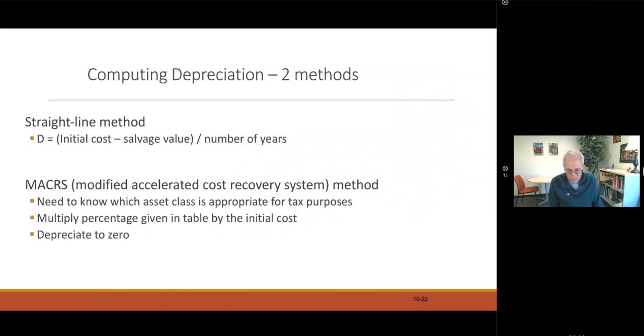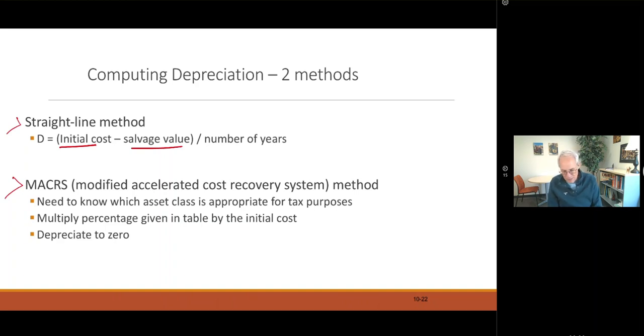Okay? So there's a number of different ways you can compute depreciation. We're going to talk about probably two of the most popular. You've probably done straight line in accounting, probably didn't do what they call MACRS. So straight line: take our initial cost minus what we think we can sell it for in, say, 5 years, and then divide by the number of years of its life, or however long we're going to have it.